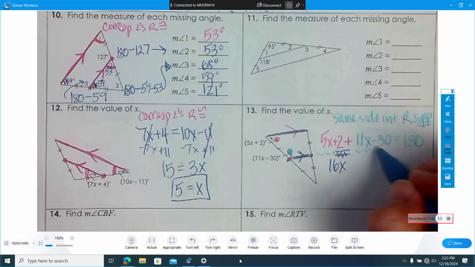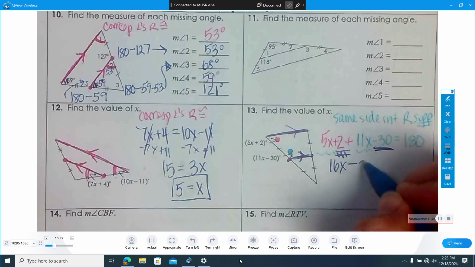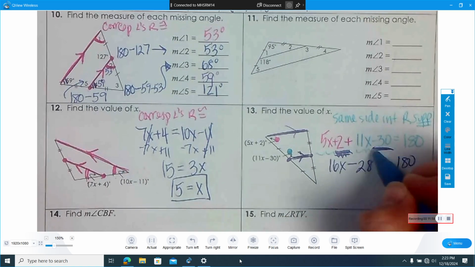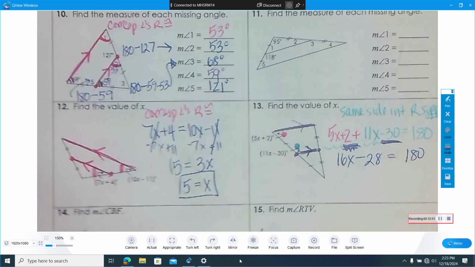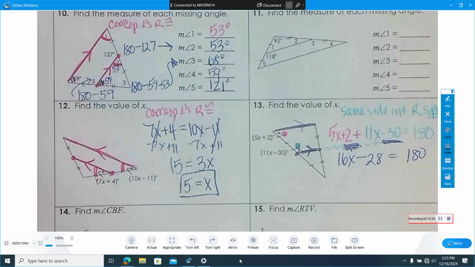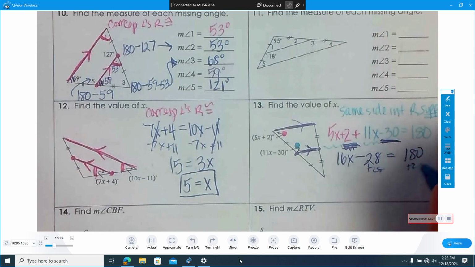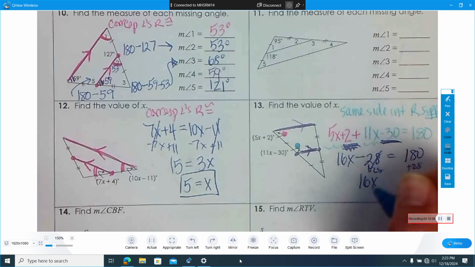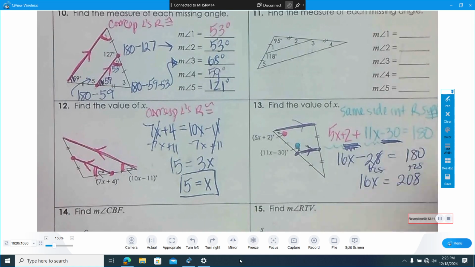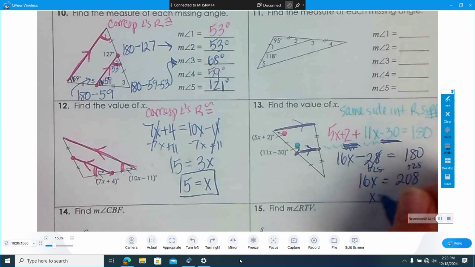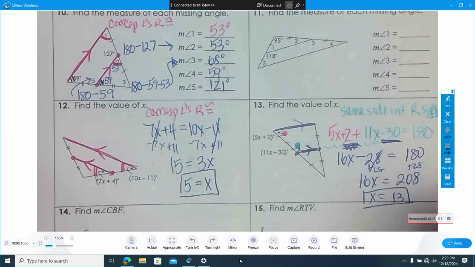A positive 2 and a negative 30 gives me negative 28. And then what should we do? Add 28. So you get 16x equals 208. And then divide by 16, we get x equals 13. Good.